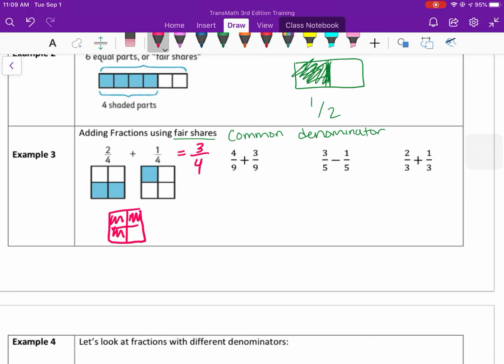So when you're adding and the denominator is the same, you add the numerators, the top, and you keep the bottom the same.